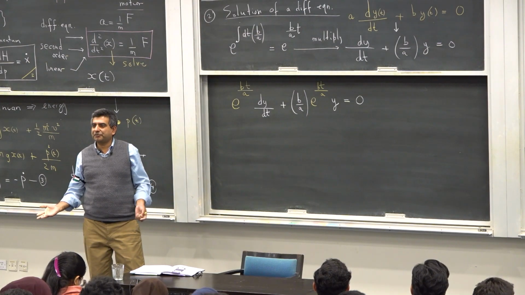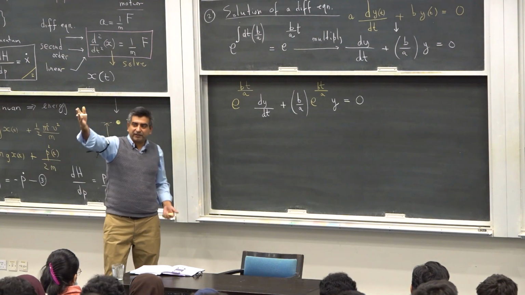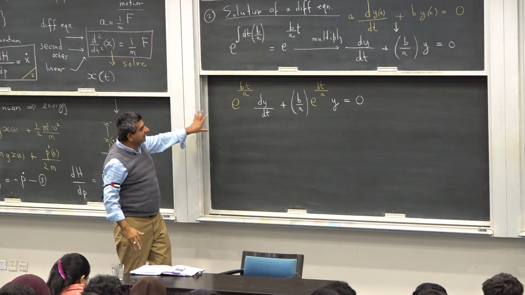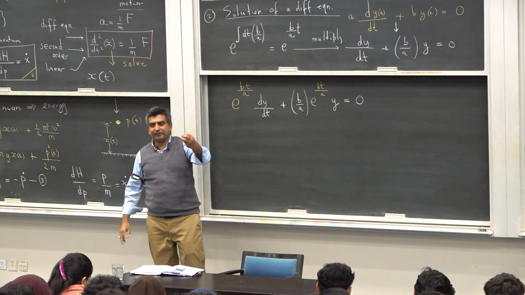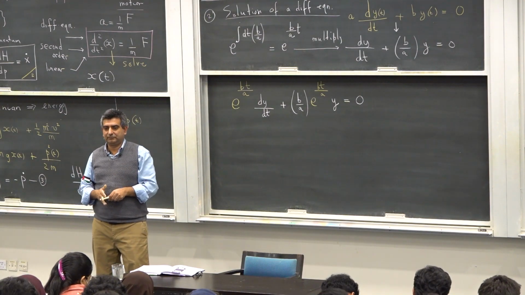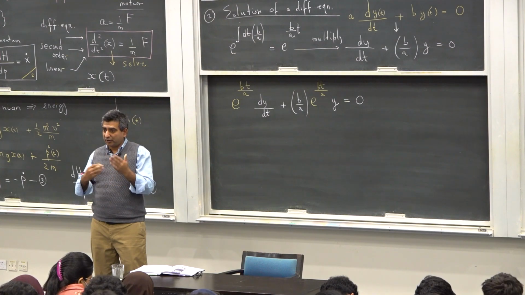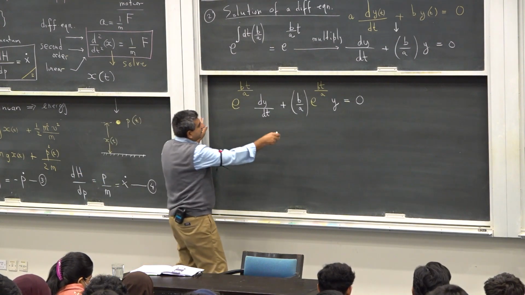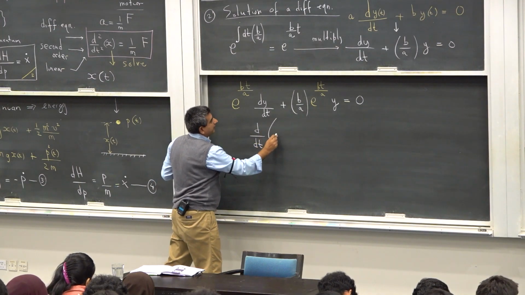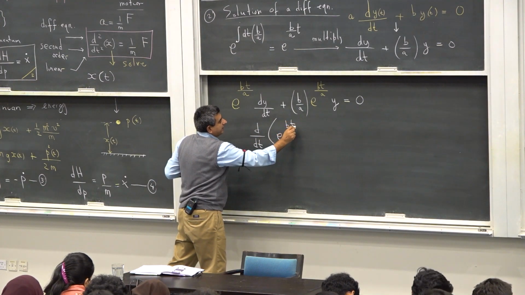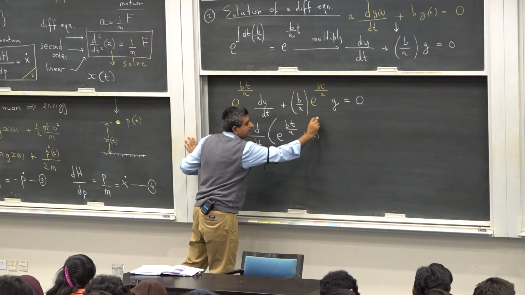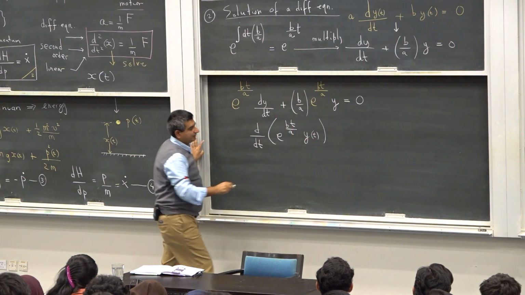So I multiplied both sides with the integrating factor. Now this comes to the point that my friend at the back highlighted, that this entire expression is the derivative of something. I can invoke the product rule. So this entire function is really the derivative of e to the bt over a multiplied by y, isn't it?